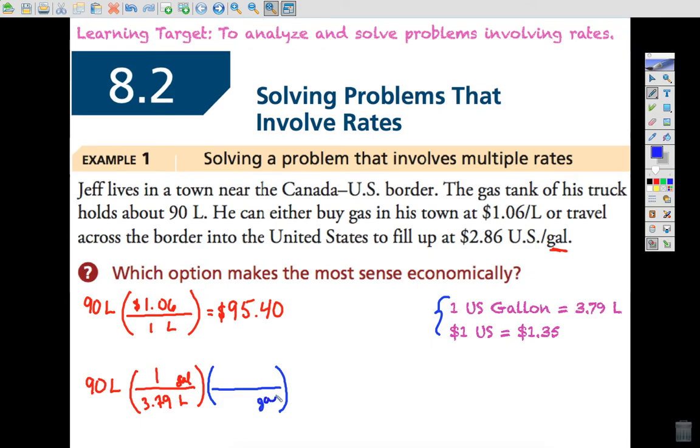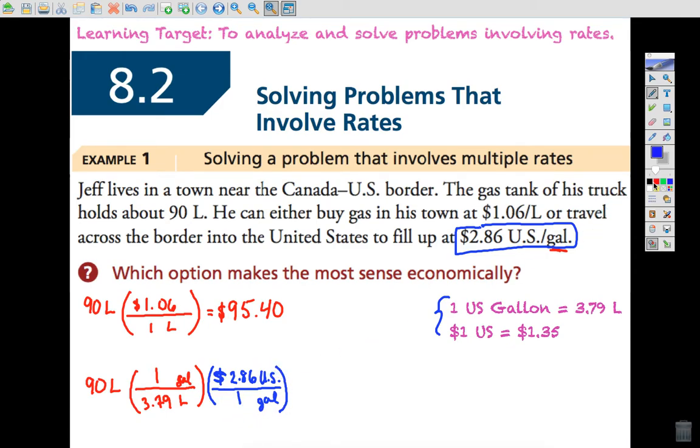I want to get rid of gallons, and I want to end up with US dollars, so I'm going to tag the US at the back and a dollar sign at the front. Do I have a conversion factor for that? Sure I do. They gave me a rate right here that says it's $2.86 for every US gallon. So 1 US gallon is $2.86 US.